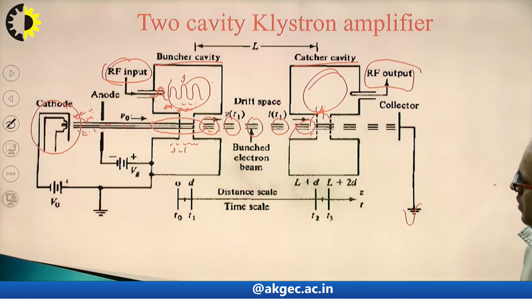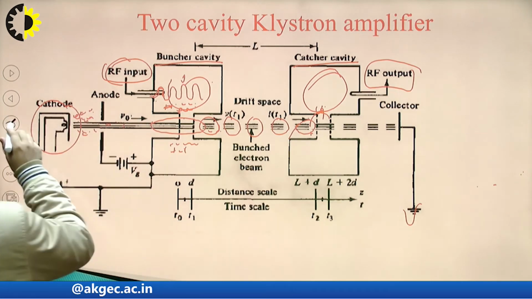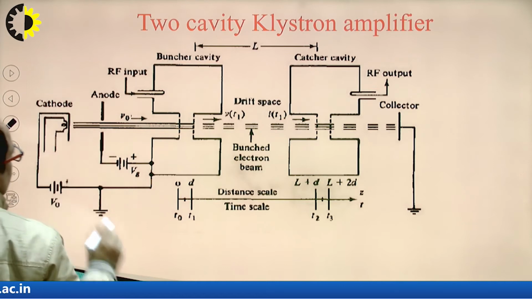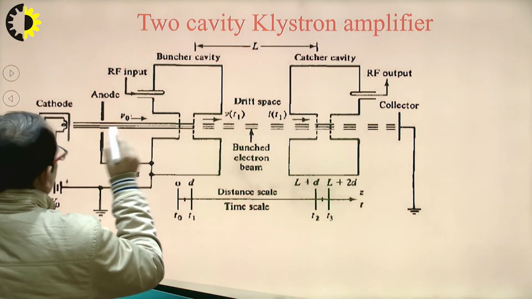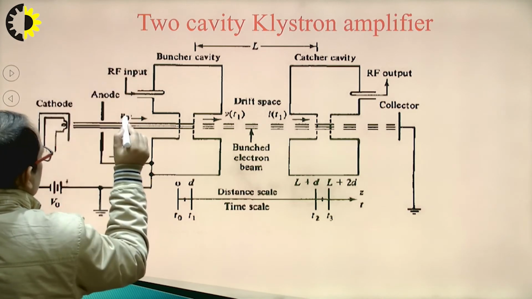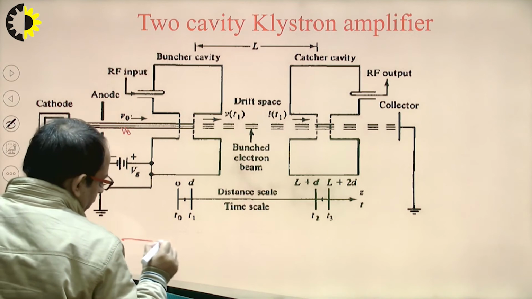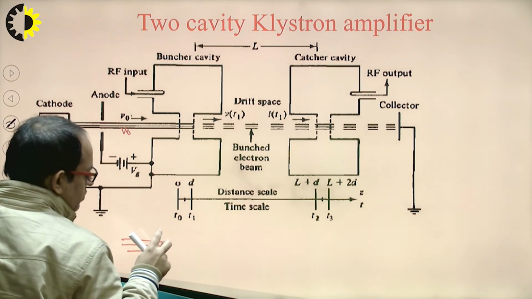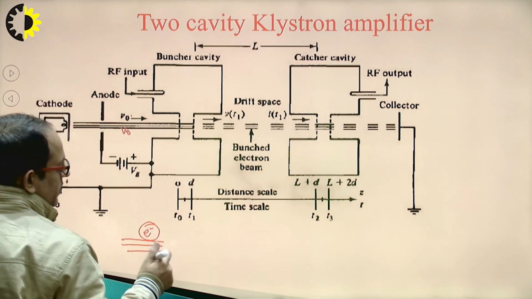Now see the main working of this klystron amplifier, the two cavity klystron. If I say the initial speed of the electron is V0, almost all electrons are of the same speed.